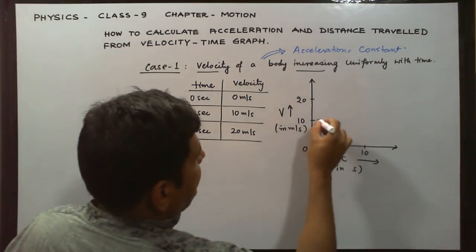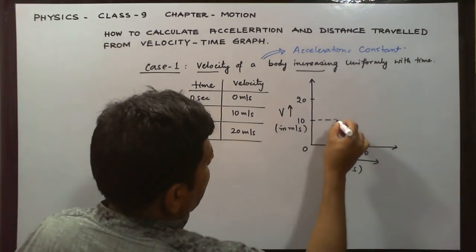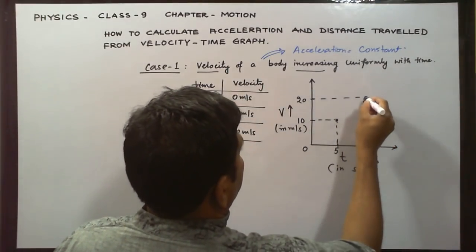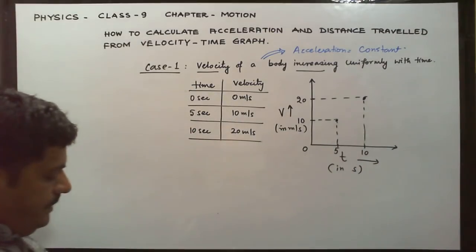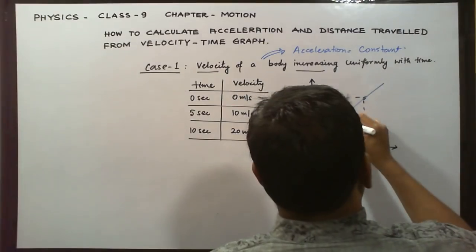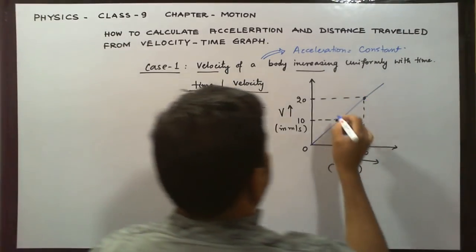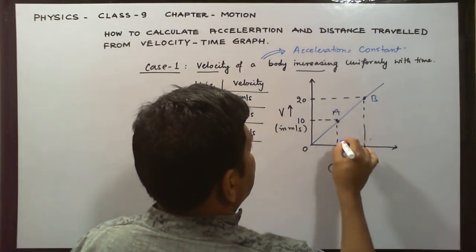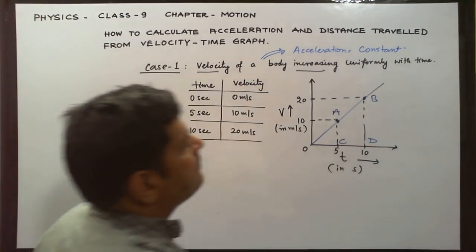So the graph is this. So we are getting a graph which is a straight line. Let us mark this as point A, this is point B, this is point C, and this is point D.